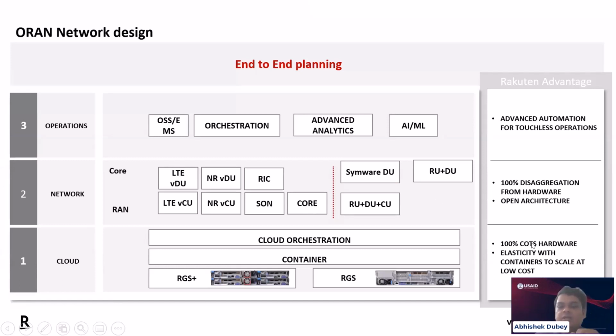The only condition is it should be a GPP, general purpose processor, x86 based COTS hardware or servers. You can use any company, whether it's Supermicro, HP, or Dell, any hardware you can bring. We can host our network functions on those hardwares because we are 100% disaggregated from the hardware, and we follow the open architecture, means any third party can be integrated in our system.